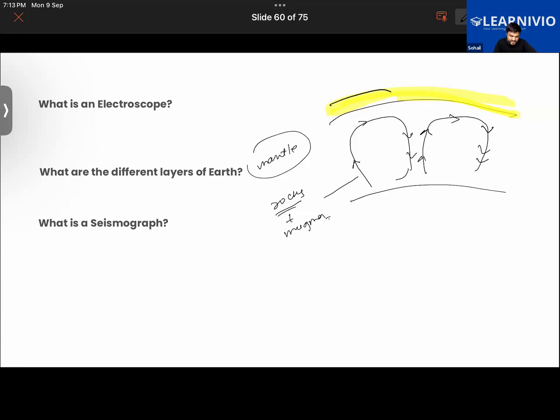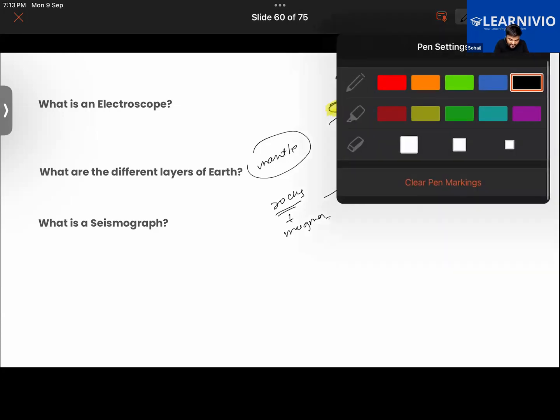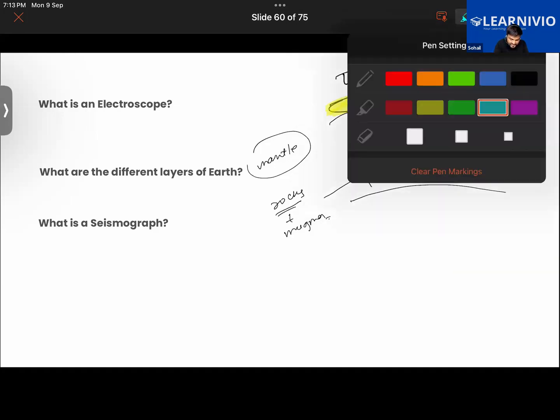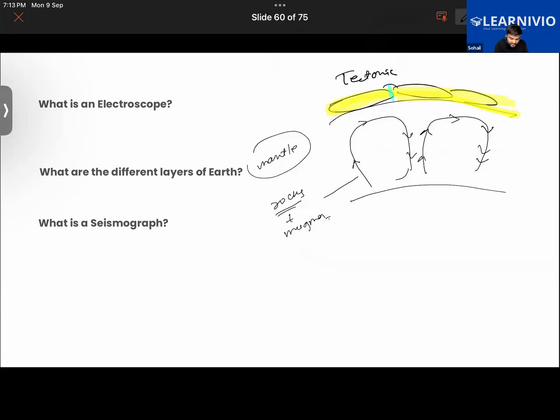As we know, crust is made out of different tectonic plates. Whenever these tectonic plates collide into each other, that area will experience earthquakes, and the regions where these plates collide are called seismic zones, because they are more likely to be hit by earthquakes.